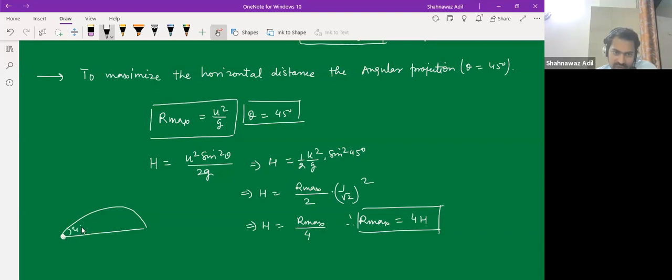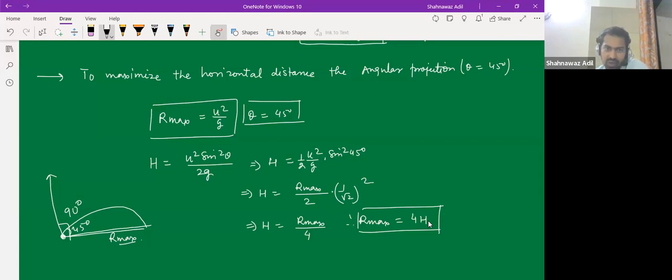This 45 degrees will give the maximum R. So for maximum height, we should project it at 90 degrees. That is why I have not written it as h max, because h max is different. If you want the maximum height, then we throw it perpendicularly upwards, right?